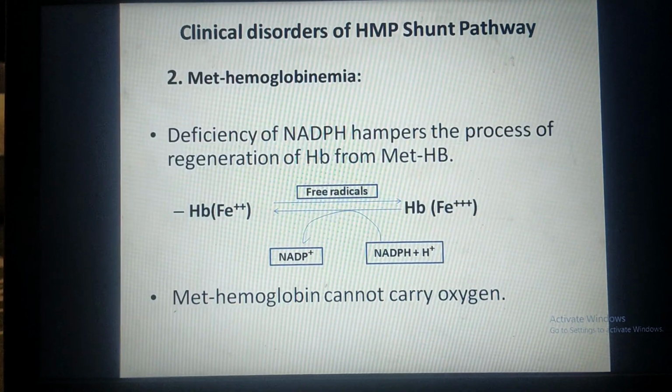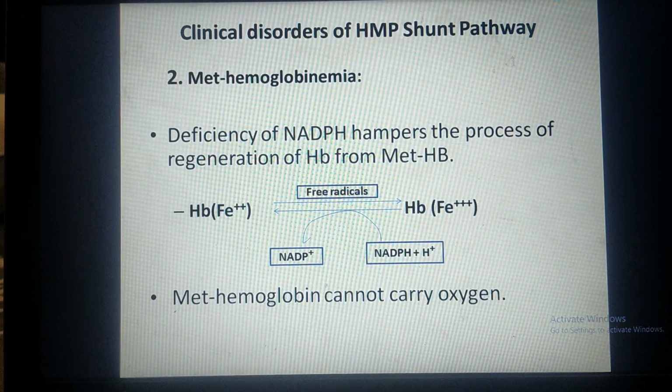The next clinical disorder is methemoglobinemia, that is, accumulation of methemoglobin. We have already studied that hemoglobin is converted into methemoglobin by free radicals, simply by converting the ferrous iron into the ferric form, and the ferric form is converted back to the ferrous form with the help of NADPH.